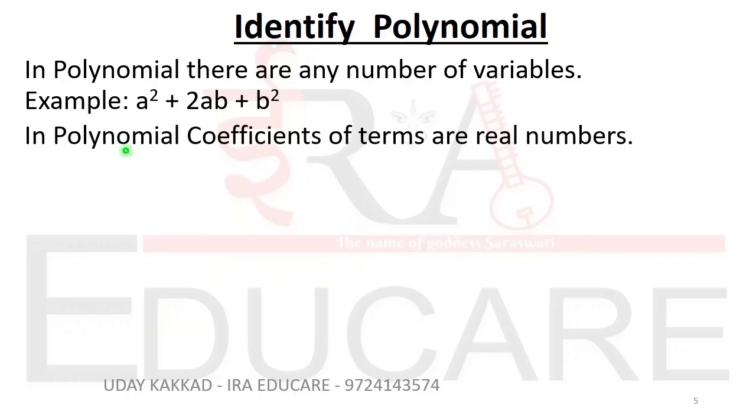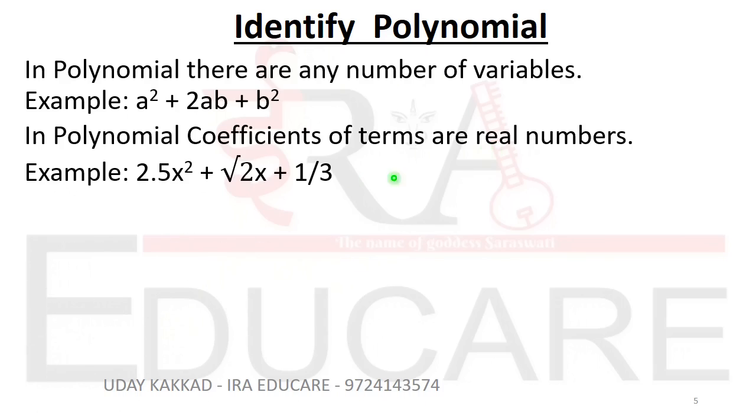Now in a polynomial, the coefficients of terms are real numbers. Real numbers are the set of all numbers: rational numbers, irrational numbers, integers. These all come under real numbers. So there is no condition on the coefficients either in a polynomial, right?